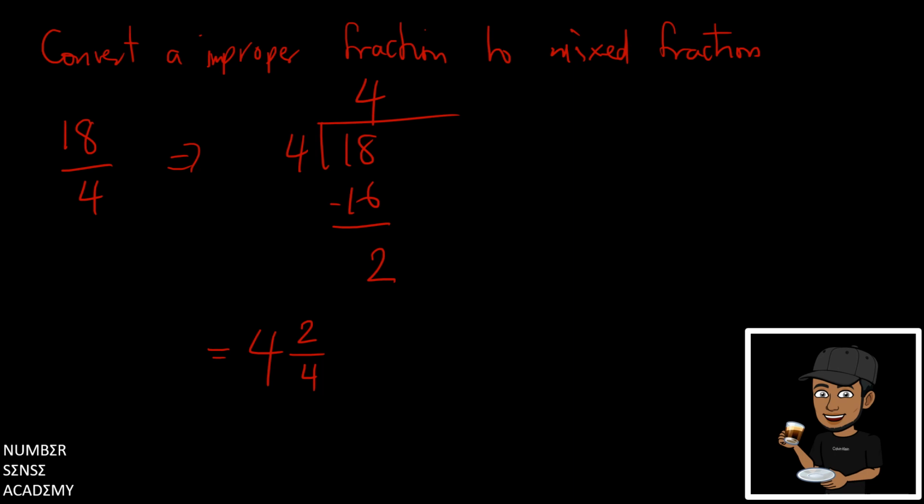But when I look at this, I notice that 2 over 4 are even numbers, so I could reduce them by dividing by 2. So I'm going to divide that by 2, and I'm going to divide this by 2. Pardon the ugly writing. So I end up with 4 and 1/2.